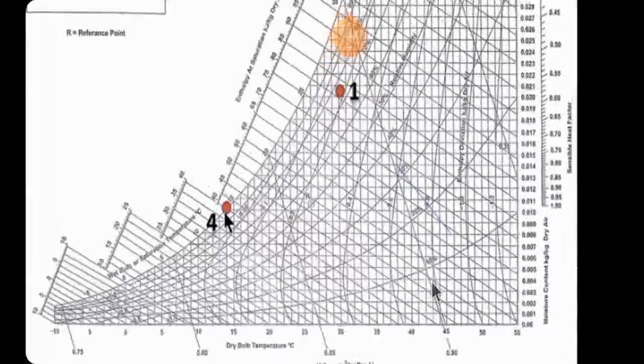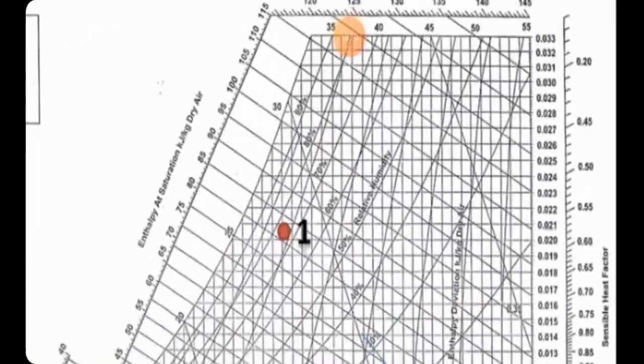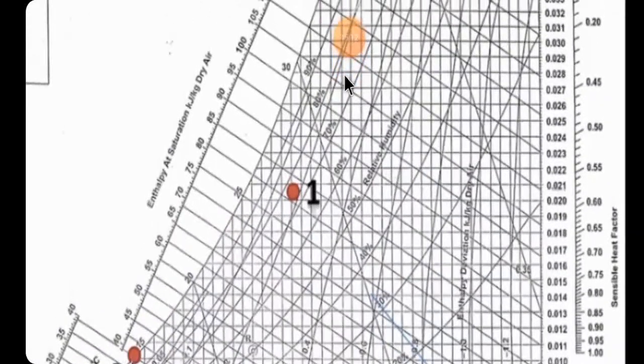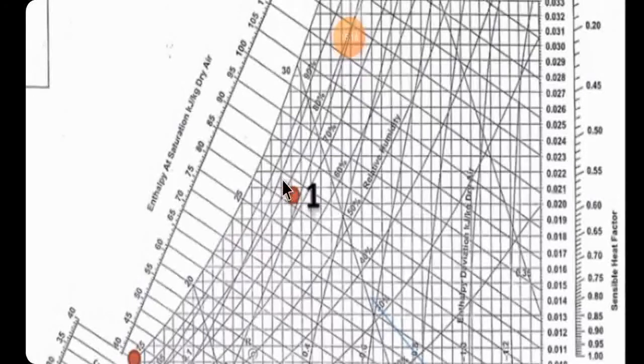Now let's see the enthalpy. The enthalpy value, you can see that it is in the middle of 80 and 85. So you can just take the value of enthalpy as 82.